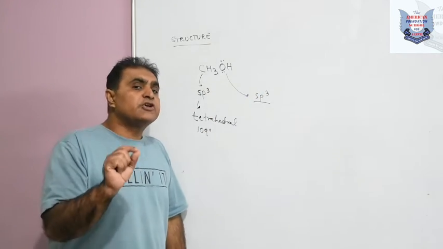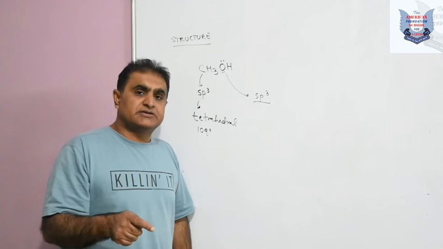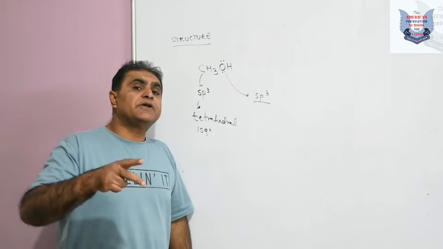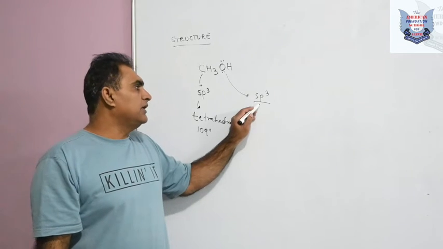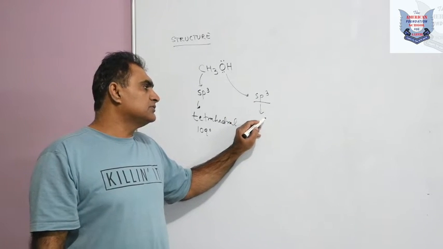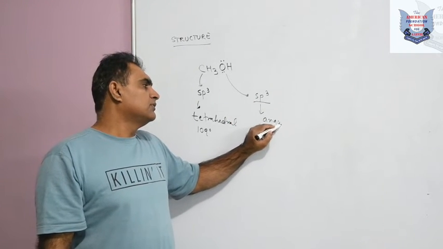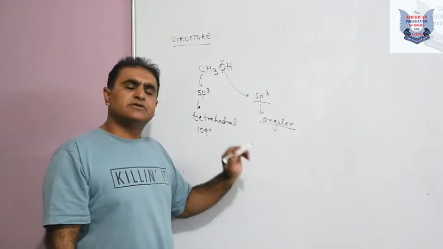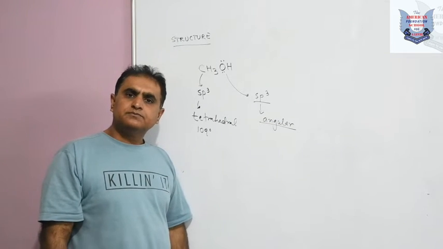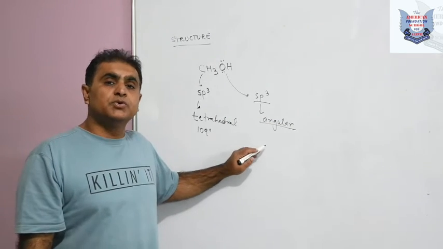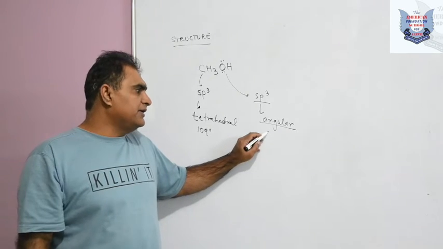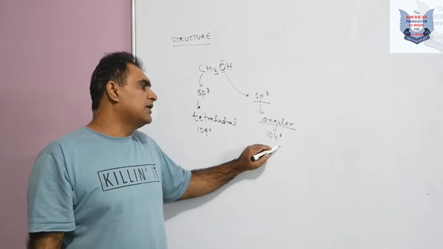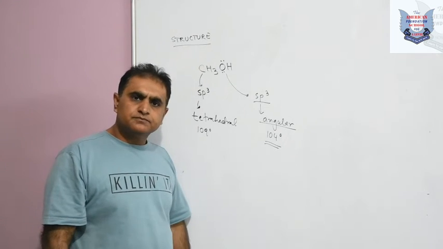So oxygen is also sp3 hybridized, but due to the presence of 2 lone pairs of electrons, the arrangement of the molecule around oxygen is angular. And due to the presence of 2 lone pairs, the bond angle is shortened and it turns to around 104 degrees.